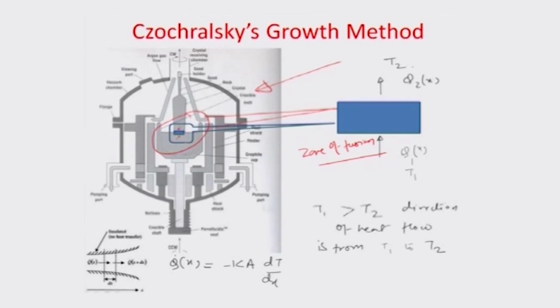So, if we apply Fourier's law of heat conduction, Q dot x, or the rate of flow of heat in the direction of x, is proportional to the interfacial area across which the heat is flowing. The interfacial area in this case can be thought of as going into the plane of this slide. Okay. So, this is the area across which the heat is flowing.